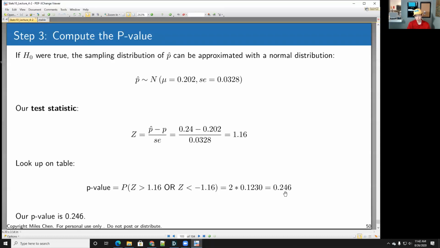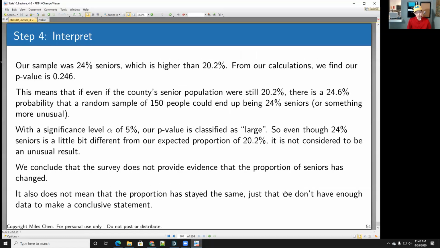So my p-value is almost 25%. And here's our conclusion: our sample is 24% seniors, which is higher than what we expected of 20.2%. The census 10 years ago said the proportion of seniors is 20.2%, and when we took a random sample, we got 24%.